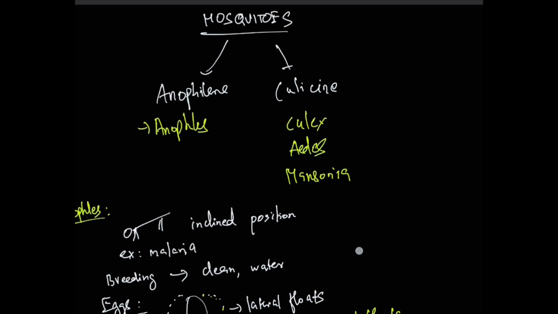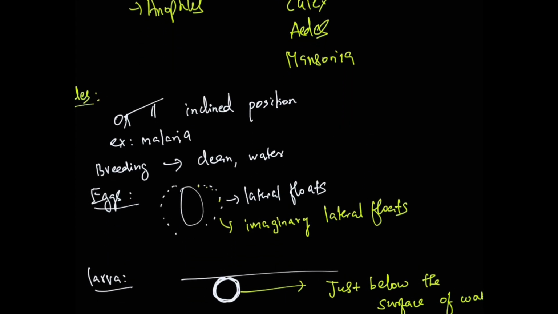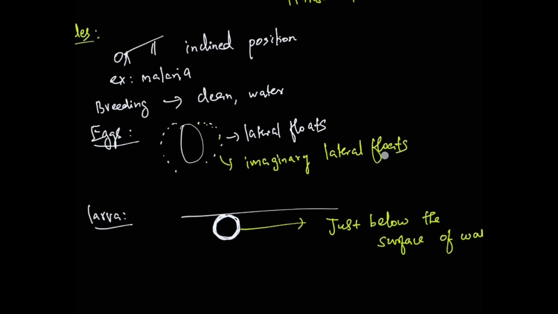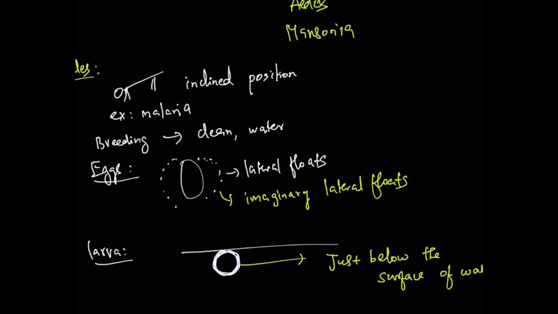Coming to Anopheles, it rests in an inclined position, facing down. Example disease: malaria. The breeding will be in clean water, like fish water, tap water.